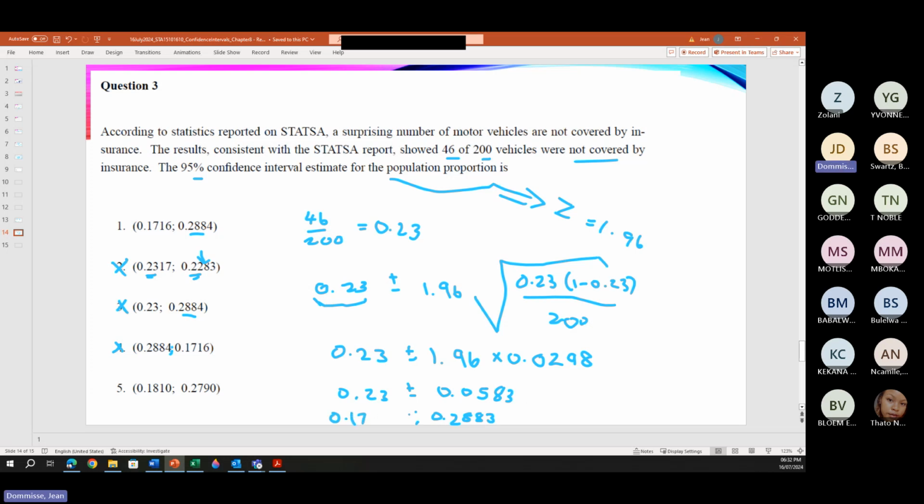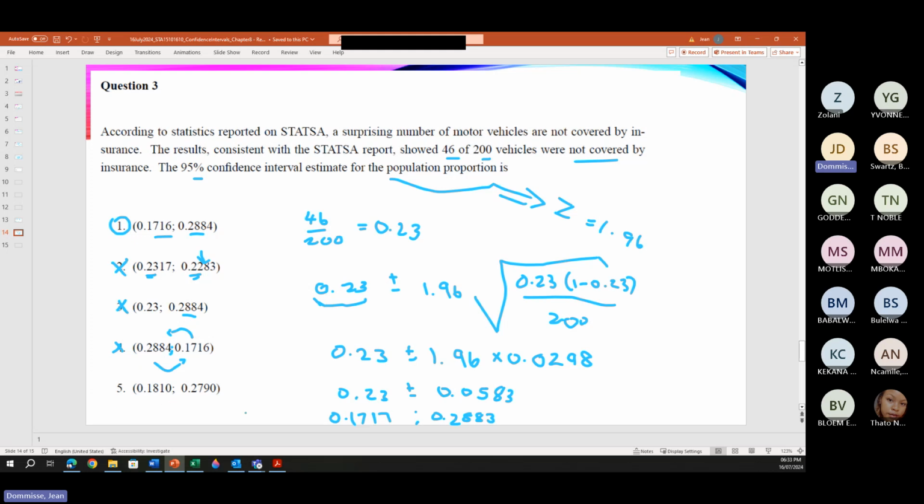So again, because I rounded that off, mine would be 1717. So 1716 is close enough. So you can see option 4 was just swapping the 2 around. So the right numbers, but again, option 4, you can't have the smaller one as your upper limit and the bigger one as your lower limit. So that is why that one was definitely wrong.